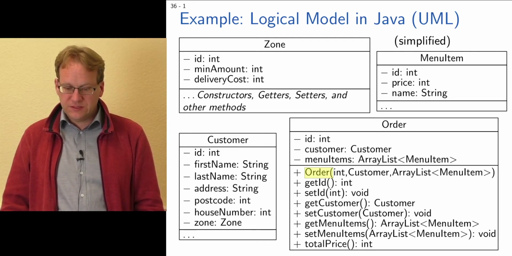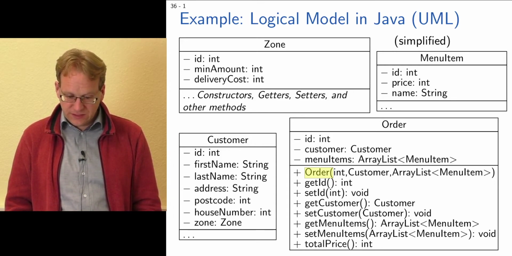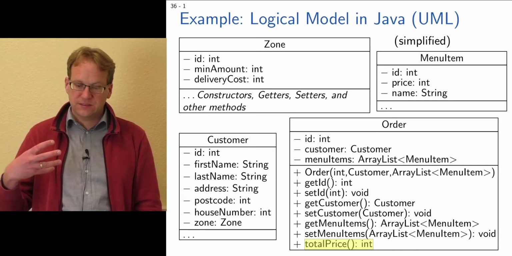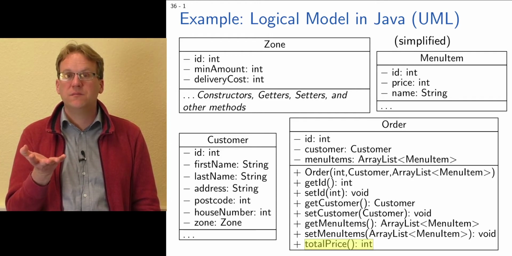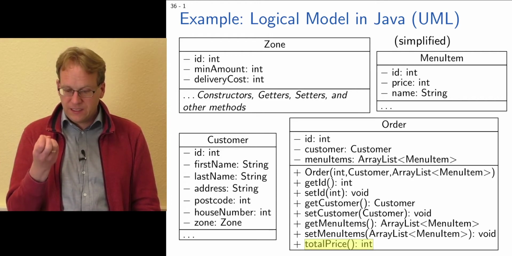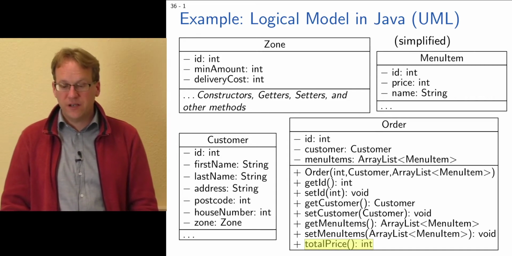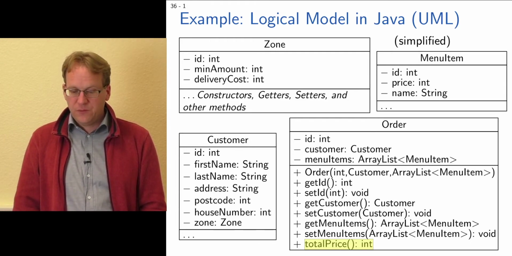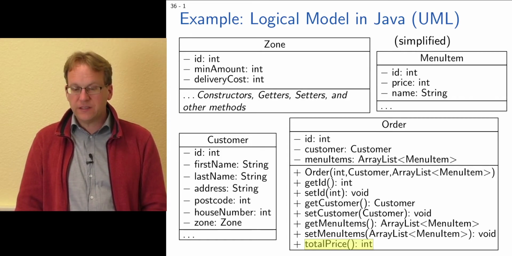That is quite common, to have constructors, getters, setters, and then more interesting methods maybe like total price, which do some computation. So if I have some reference to one order made by some customer, I can ask, please give me the total price for that order. Maybe I'm asking o.totalPrice, and then this method computes the total price of that order.